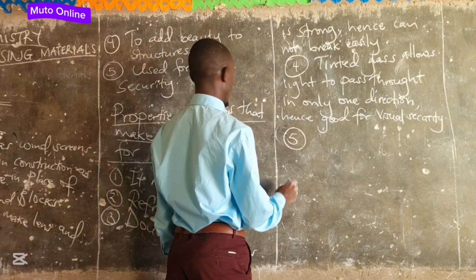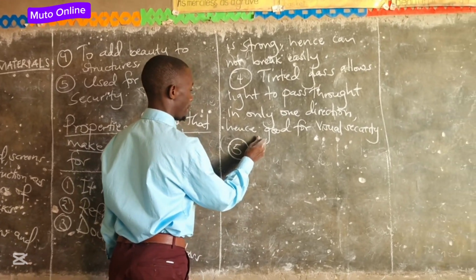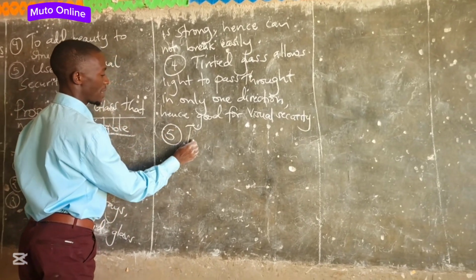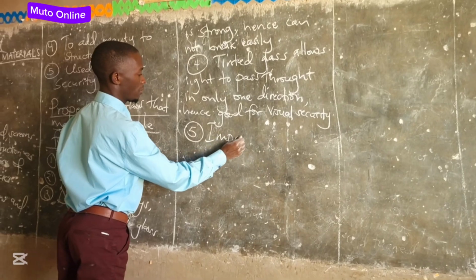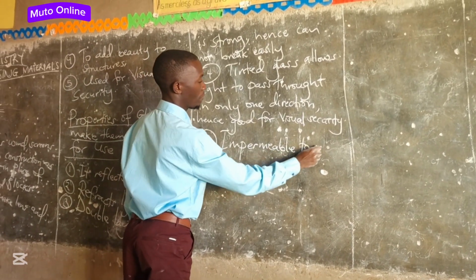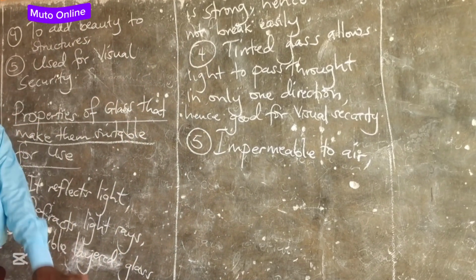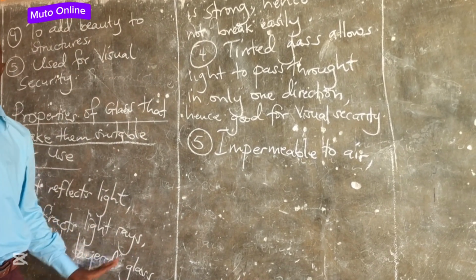Five, we are giving the properties that make glass impermeable, not even air can pass through it. It is totally impermeable to air.